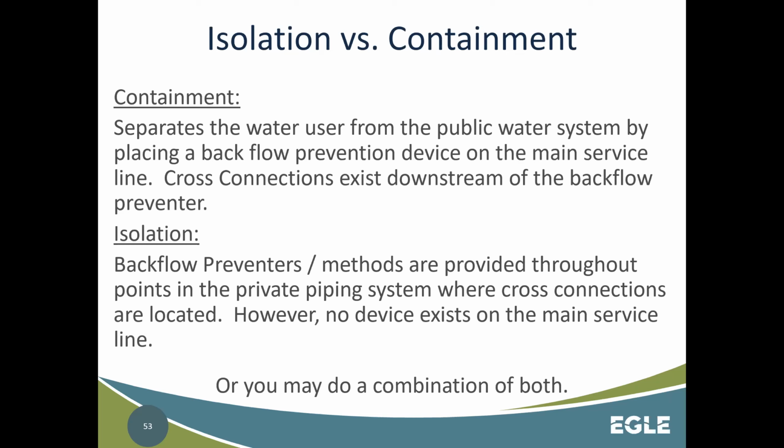If any type of backflow event occurs and it triggers that assembly or device, it prevents the contamination of the public water supply, right? That is considered contained because whatever happened is contained to that building. But that's not necessarily great because that means everyone within that building is exposed to whatever the health hazard is that's in the water now, right?